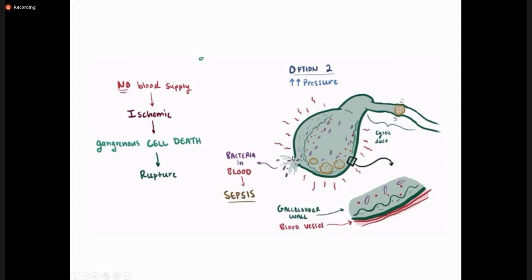The bacteria may cause ischemic necrosis or ischemia of the small vessels leading to perforation. So if there is no blood supply, ischemia, gangrene may occur, cell death and rupture may occur due to increased pressure also.